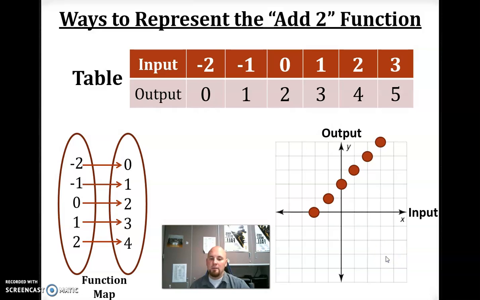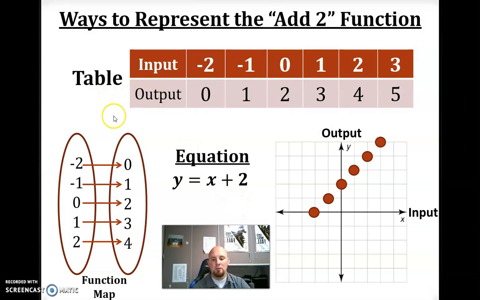And the last one is an equation. So for example, in this equation, I'm taking x and adding 2 to it to get my output. The inputs are my x's, my outputs are our y's. And that's how we show a function: a table, a map, an equation, and a graph.